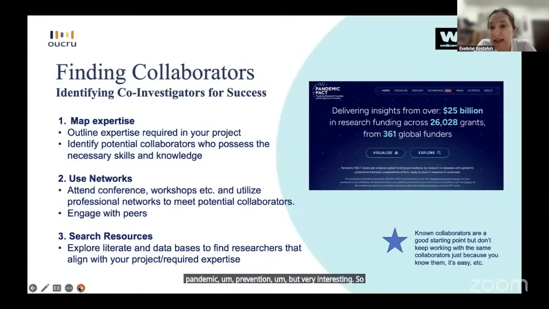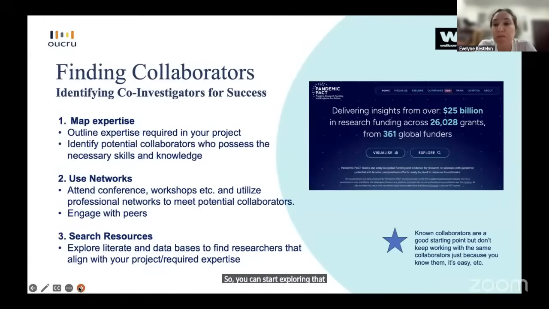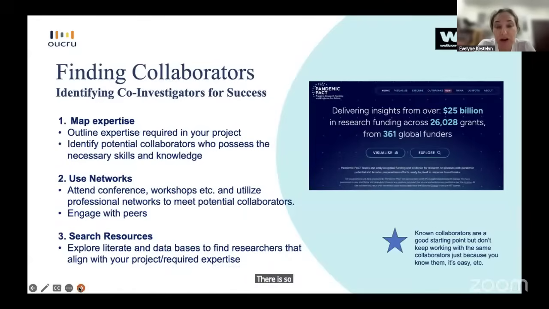As you can see, it delivers over 25 billion in research funding across more than 26,000 grants from 361 global funders. So you can start exploring that as a way to get familiar with how these databases work. But this is just one of the examples. Like I said, there is so much out there that you can use.